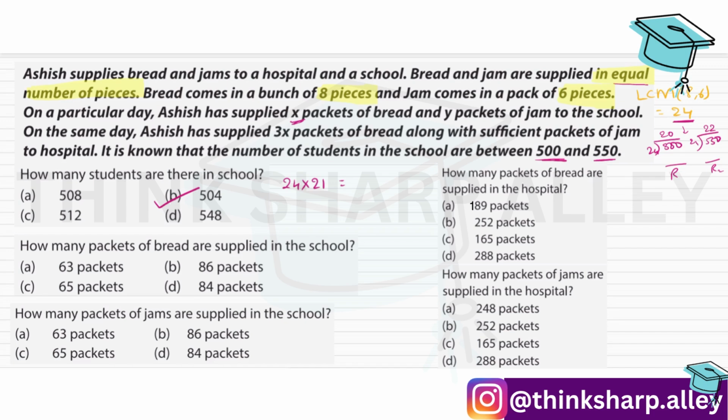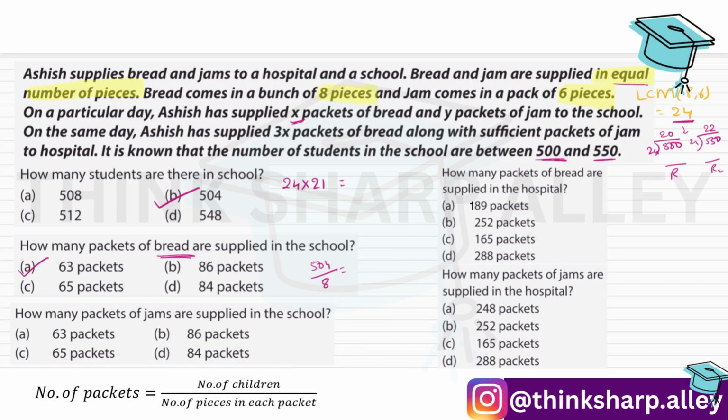Now if there are 504 students in the school and each student will get at least one bread, how many packets of bread are to be supplied in the school? So one packet contains 8 pieces and there are 504 students. So 504 divided by 8, which is equal to 63 packets.